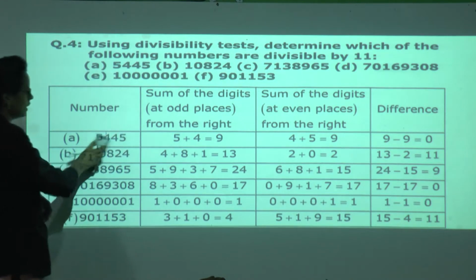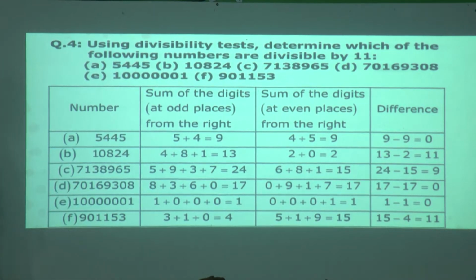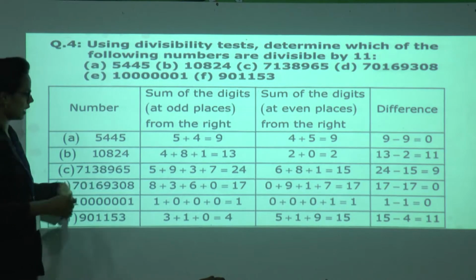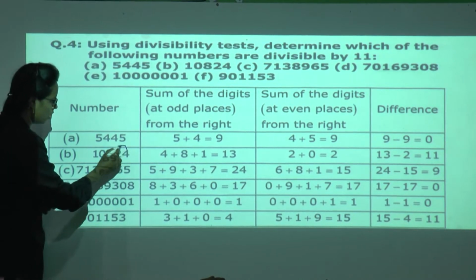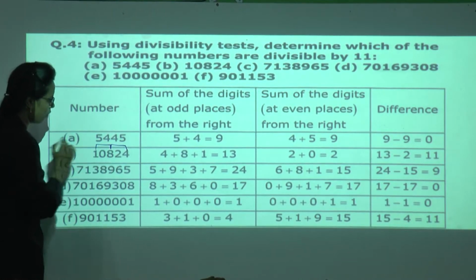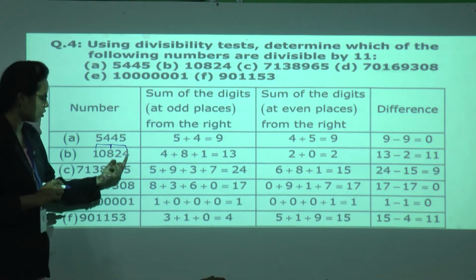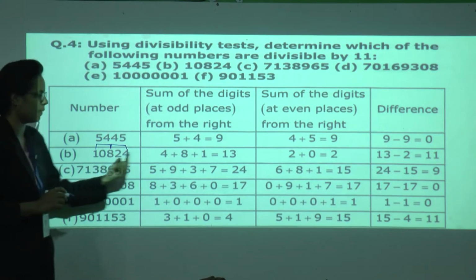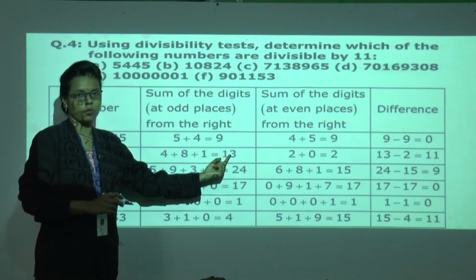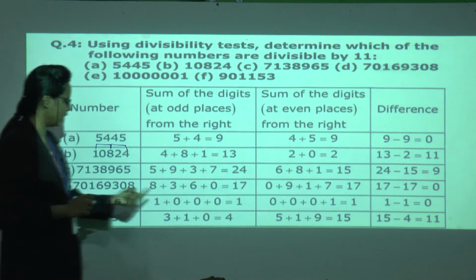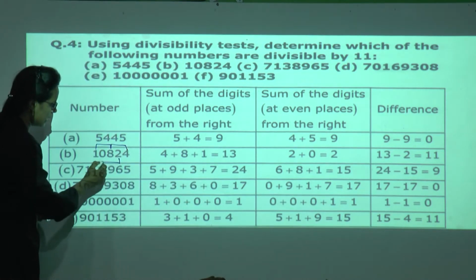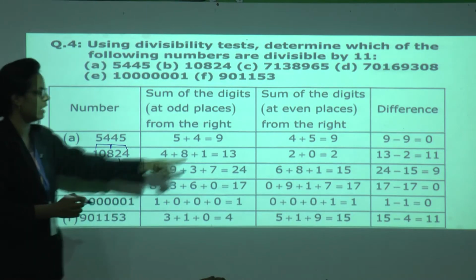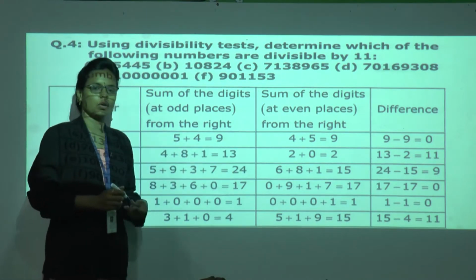Now it's a 5-digit number. Here we take the odd places from the right. So 4, 8 and 1 are the odd places. 4 plus 8 plus 1 is 13. Now we take the even places, that is 2 plus 0, which is 2.